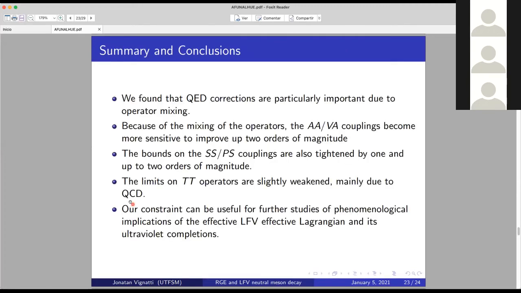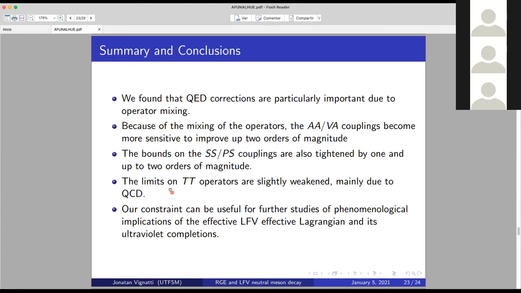Let's summarize this. We found that QED corrections are particularly important due to operator mixing. As I told you before, the axial-vector coupling can become more sensitive because of the mixing. At the beginning, it doesn't mix. The bounds for scalar-scalar couplings are also tightened by up to an order of magnitude, as I showed you in the tables. And the limits on the tensor are mostly from QCD.